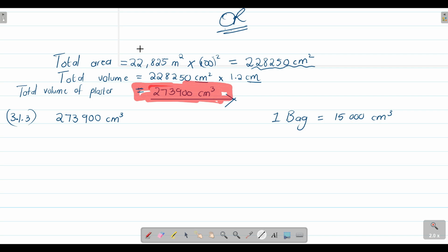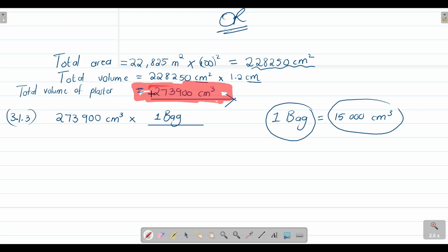Or another person will want to use my approach: you multiply by what you want, which is how many bags, divided by what you have, which is 15,000 centimeters cubed.